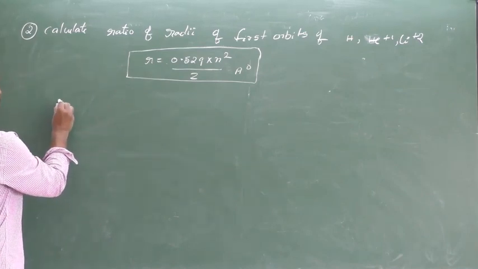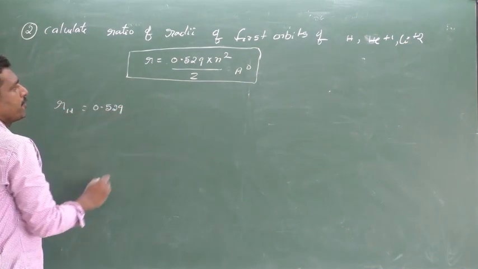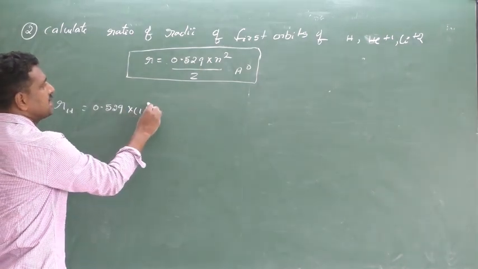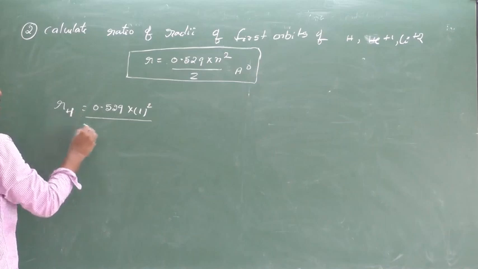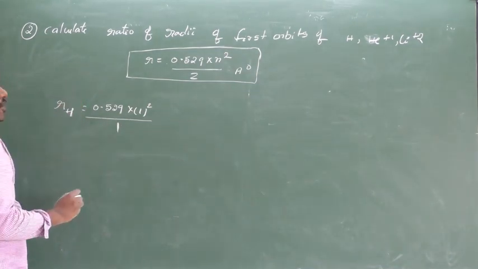First for hydrogen, I will write 0.529 into n square. N square means first orbit, therefore 1 square. For hydrogen Z equal to 1.